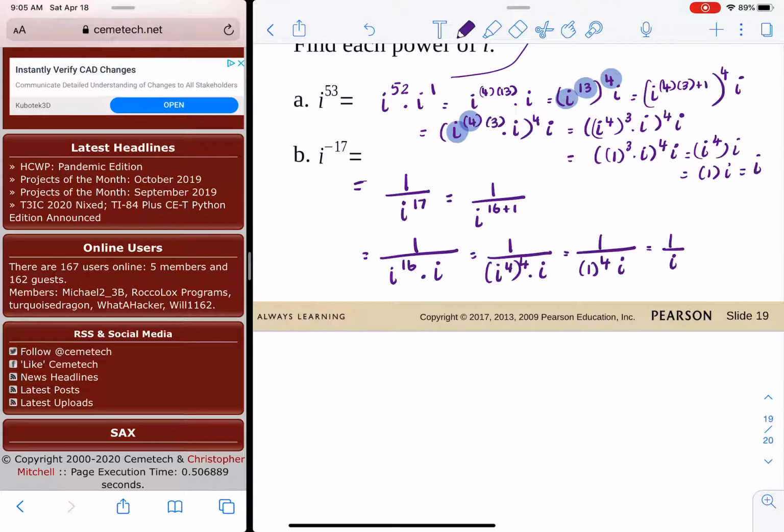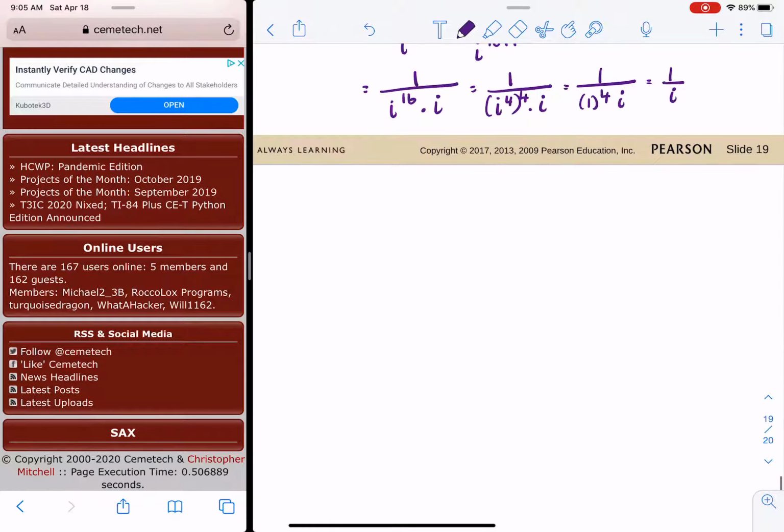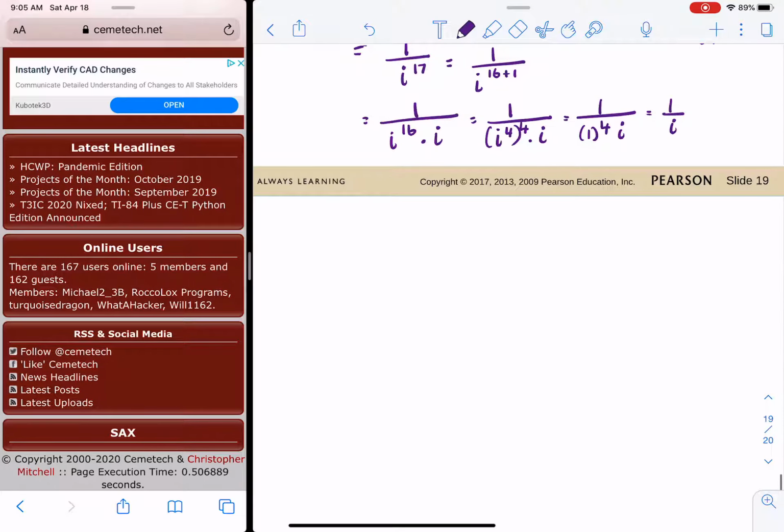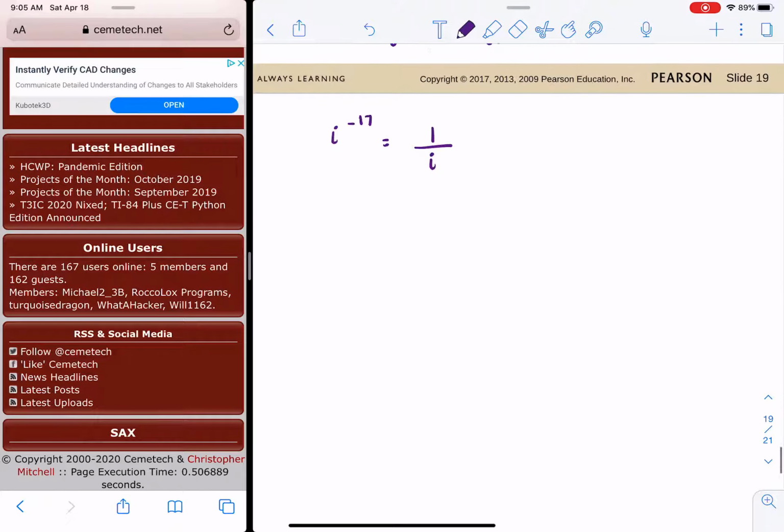And we shouldn't leave it as 1 over i, because that is not the proper representation of a complex number. So we have i raised negative 17 equal to 1 over i. How do we simplify it and put it in the right form? We multiply and divide by the conjugate. So I could rewrite i as 0 plus i.